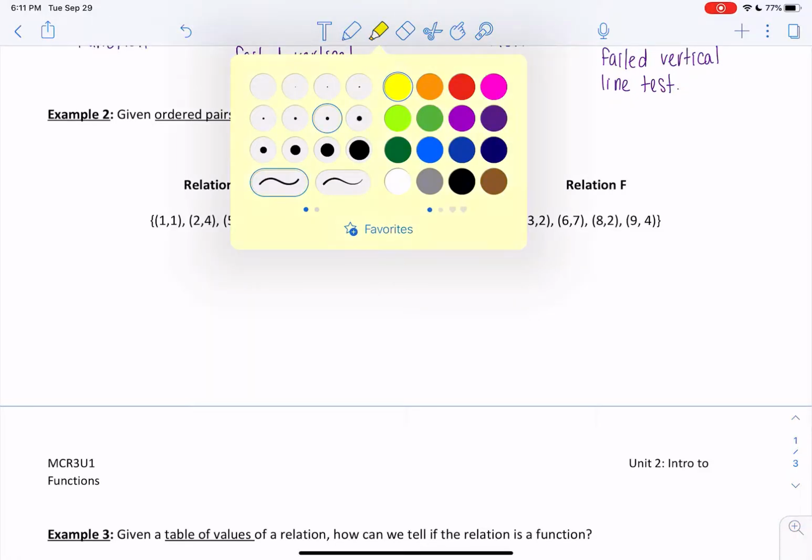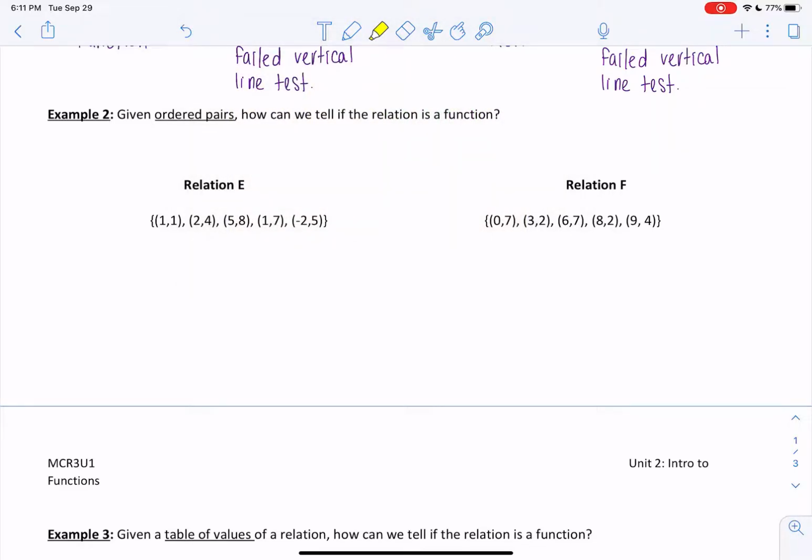So if I look at this first example here, we have the ordered pairs (1, 1), (2, 4), (5, 8), (1, 7), and (-2, 5). Because our x value of 1 has a y value of 1, and it also has a y value of 7, that means it is not a function.